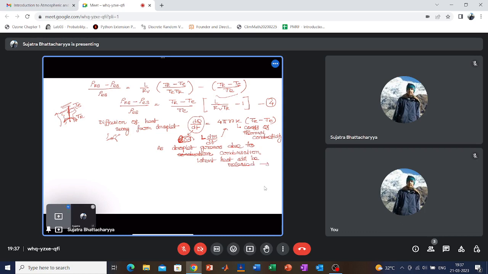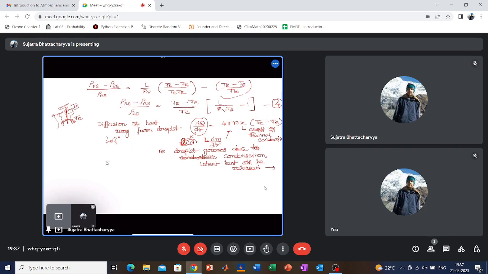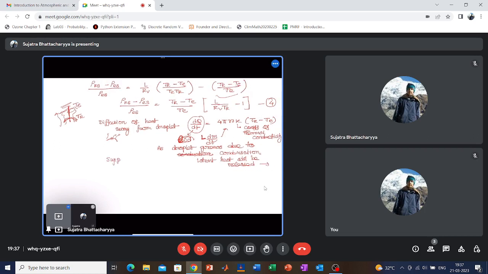Fine. Now comes the actual diffusion equation case. So suppose, this thing is not very properly written in those slides, so I'm just explaining it in between. It will be known to you. The droplet has radius r, which we are considering here, droplet of radius r, okay, and it is located in the vapor field.